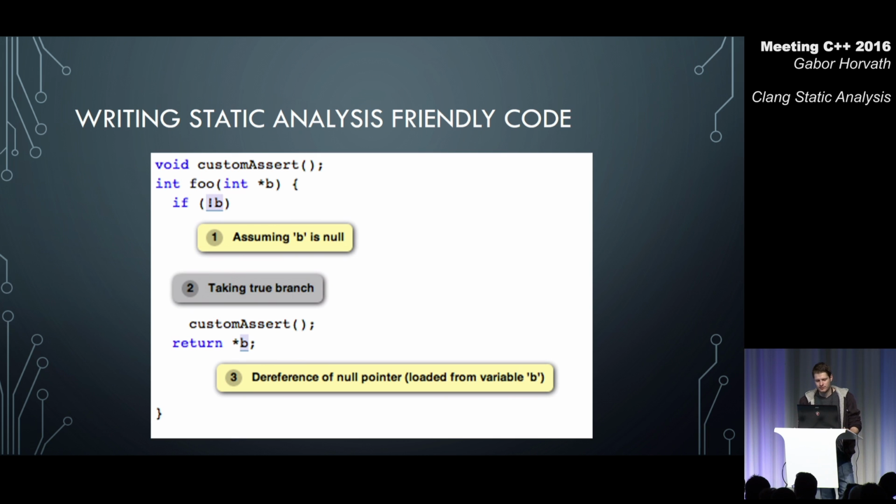So in case we tell the analyzer this custom assert function is a no-return function, then the analyzer will know that such a case can never happen, that we are dereferencing a null pointer.